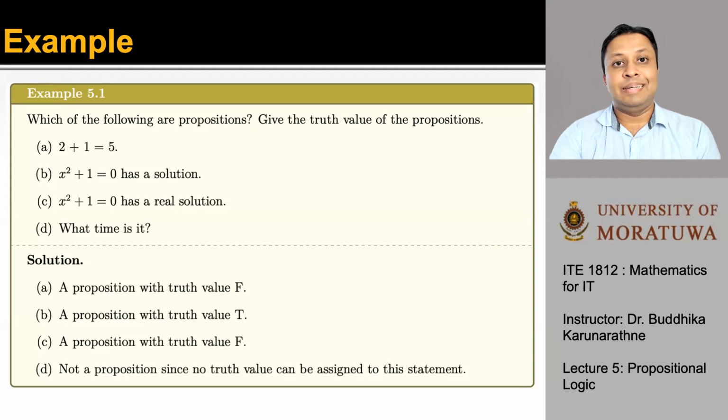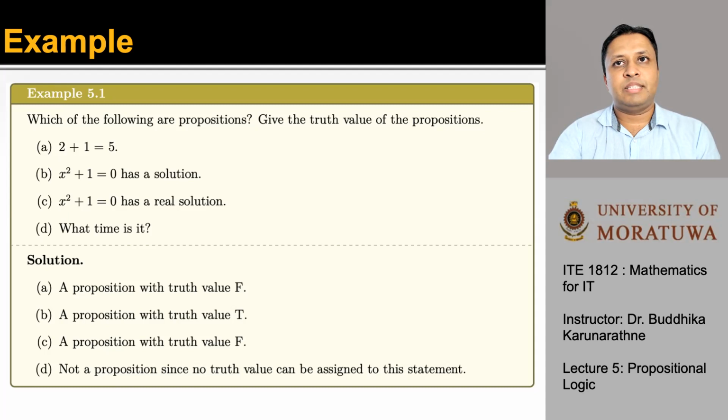First one is 2 plus 1 is equal to 5. The solution is it is a proposition with truth value false, because 2 plus 1 is not equal to 5. Next one is x squared plus 1 is equal to 0 has a solution, which once again is a proposition with truth value true, because it does have a solution.